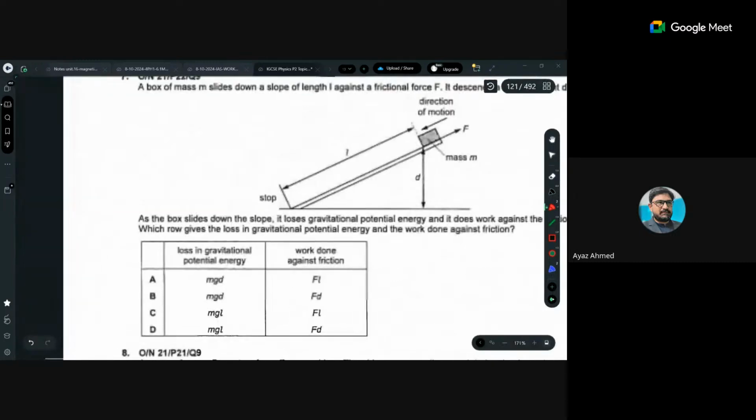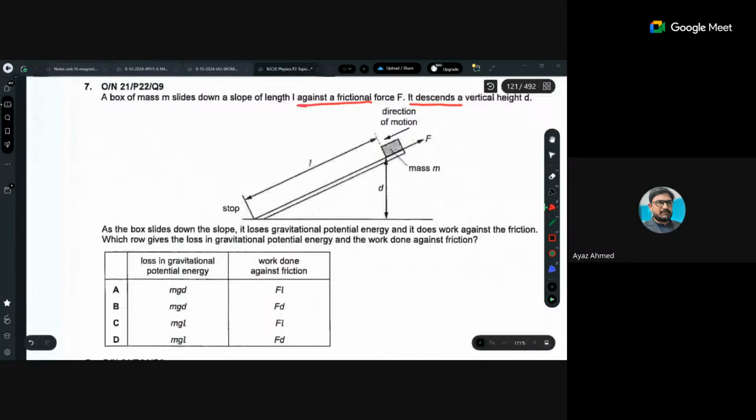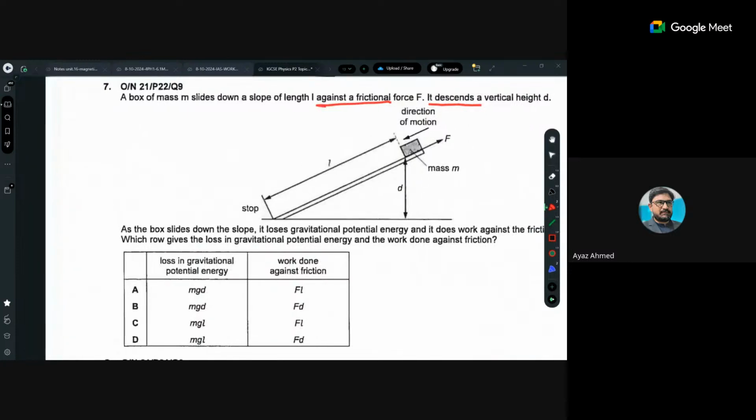Go to that question. A box of mass M slides down the slope of length L against frictional force. It descends vertical height d. As the box slides down the slope, it loses gravitational potential energy and does work against friction. Which row gives the loss in gravitational potential energy and the work done against friction?